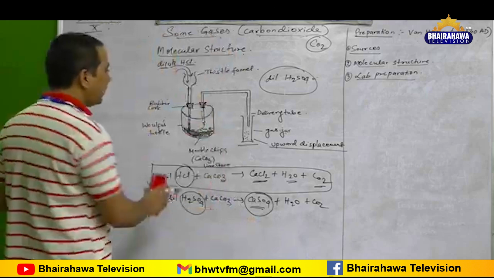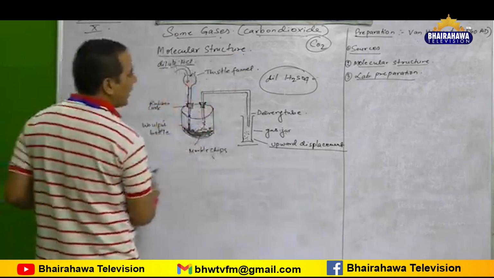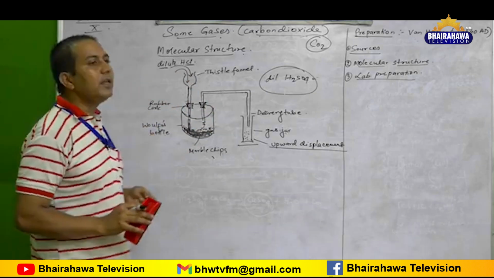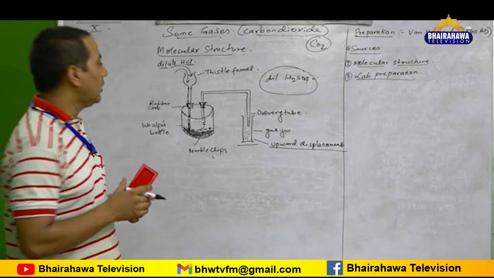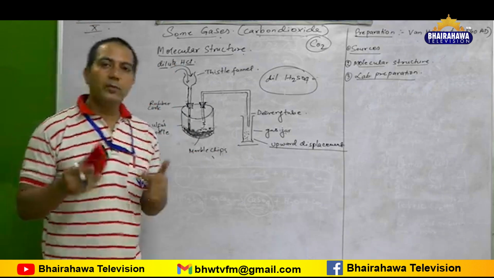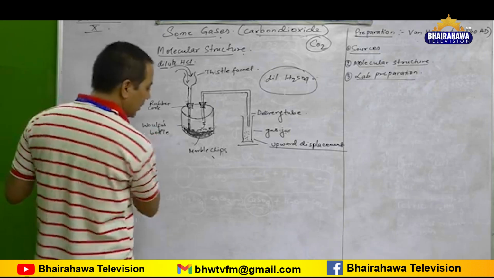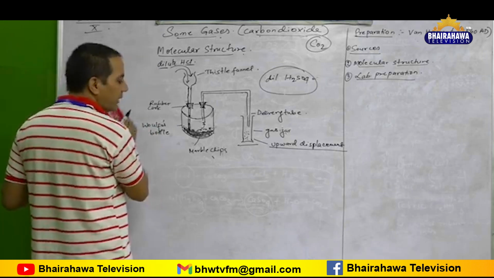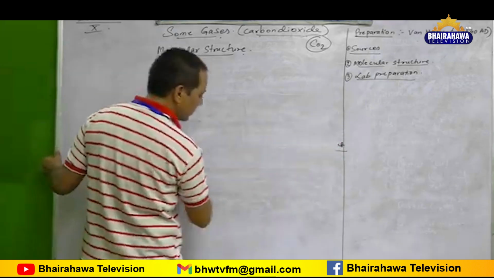Okay? I think you understand this one. So, another question arises: is this the only way to prepare carbon dioxide? No, there are some other methods from which we can prepare carbon dioxide. Let us study that also.